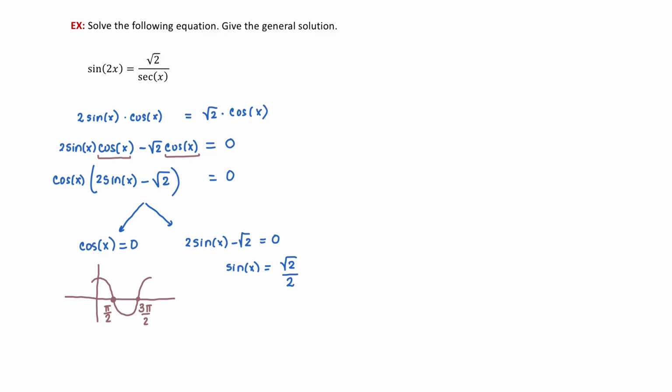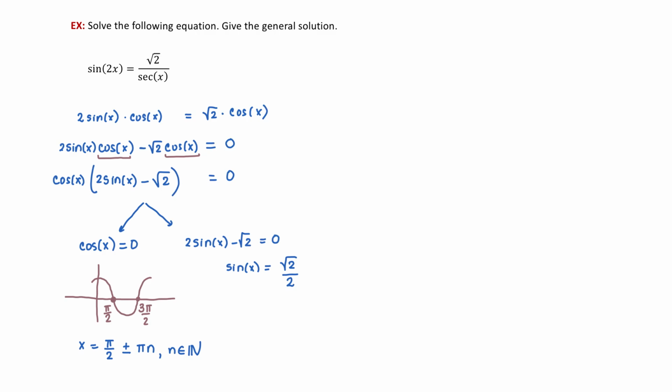So then I can conclude here that the general solution for the first equation will be starting at pi over 2 and then adding or subtracting pi n, where I'm treating n as a natural number.